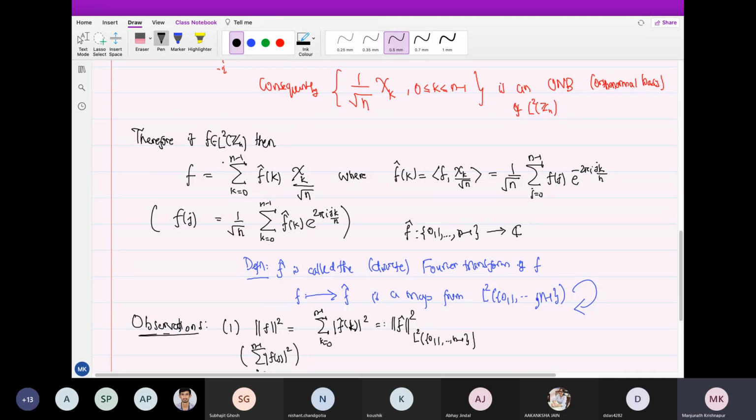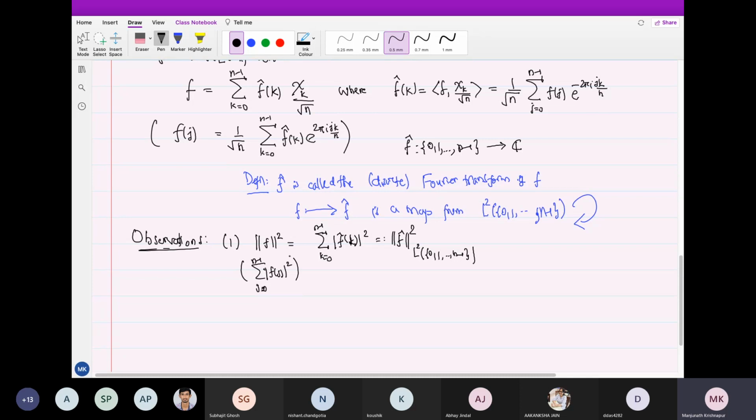It's immediate: any time you expand anything in an orthonormal basis, the sum of squares of the coefficients is the same as the norm square of the original function.